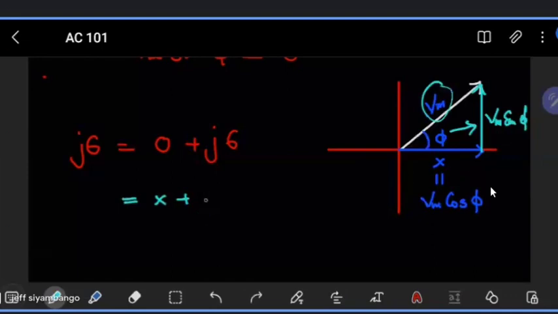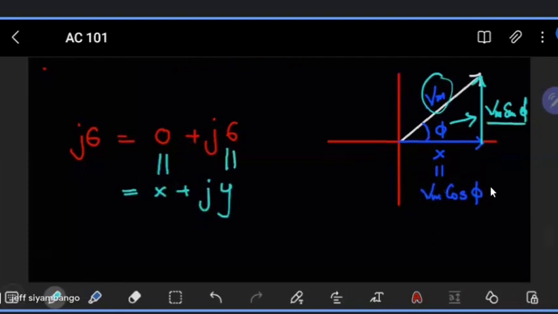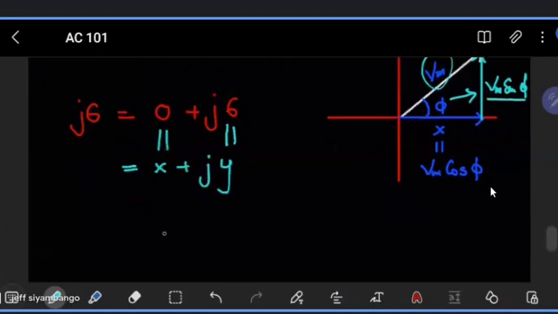So this is how we write a complex number. So here we see that x has to be equal to 0, and y has to be equal to 6. But y is given by Vm sine phi. So this is how we concluded that y here has to be 6, but y is also equal to Vm sine phi. Are we okay now, Daka?